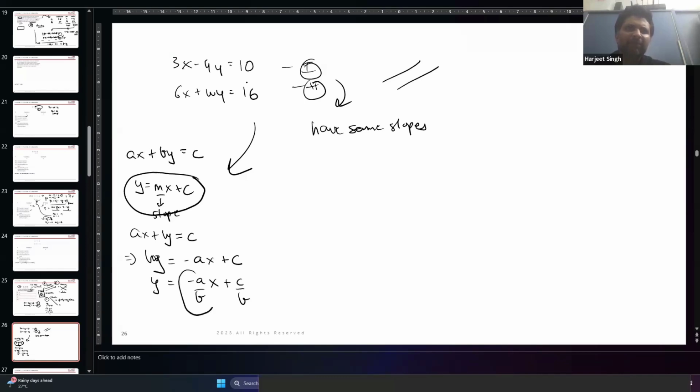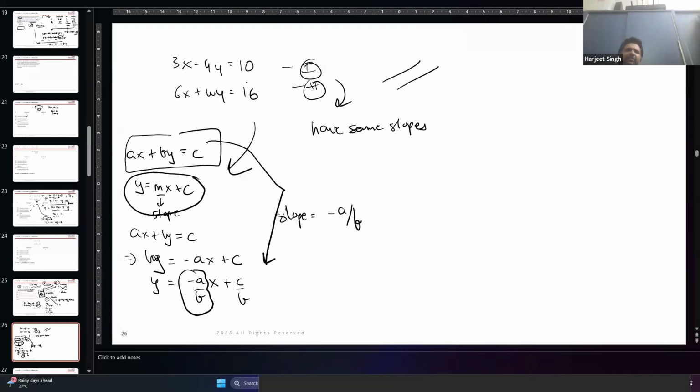So my slope becomes minus a by b. So whenever you have an equation like this, what is the slope? Slope equal to minus a by b. As simple as that. So slope of ax plus by equal to c is minus a by b.